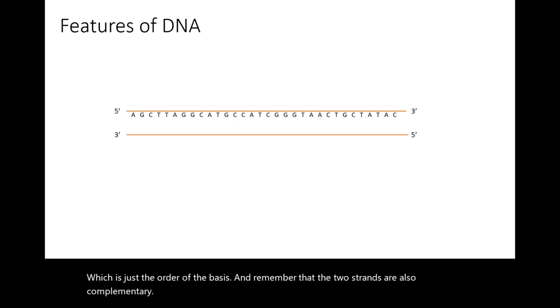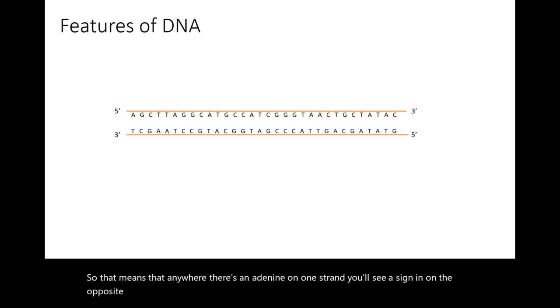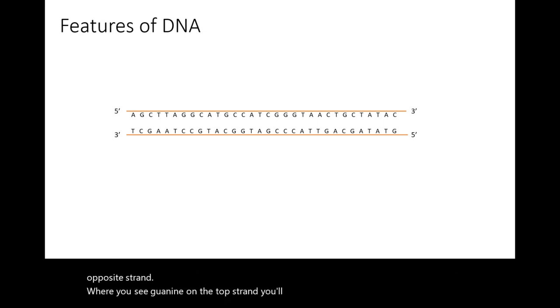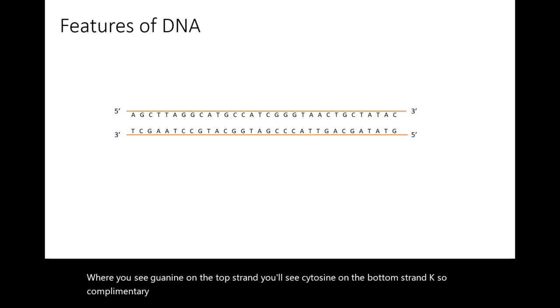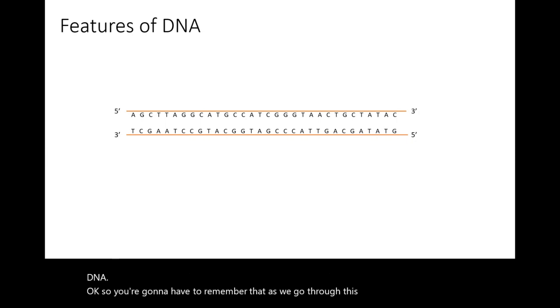So that means that anywhere there's an adenine on one strand, you'll see a thymine on the opposite strand. Where you see guanine on the top strand, you'll see cytosine on the bottom strand. Okay, so complementary is another term for base pairing. Adenine always pairs with thymine in DNA, and guanine and cytosine always pair together in DNA. Okay, so you're going to have to remember that as we go through this process of DNA replication.